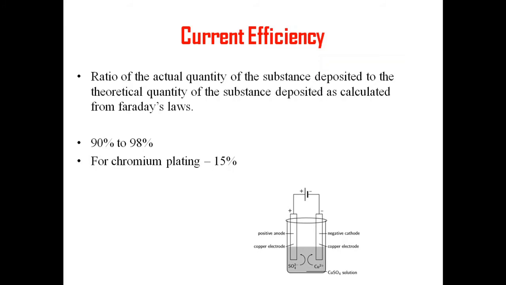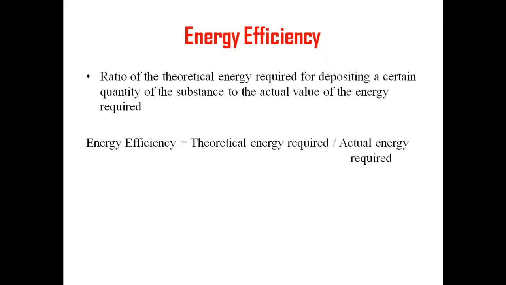Now let's move on to energy efficiency. Energy efficiency is defined as the ratio of the theoretical energy required for depositing a certain quantity of the substance to the actual energy required. When we compare current efficiency and energy efficiency, in current efficiency we just calculate the quantity of substance deposited.